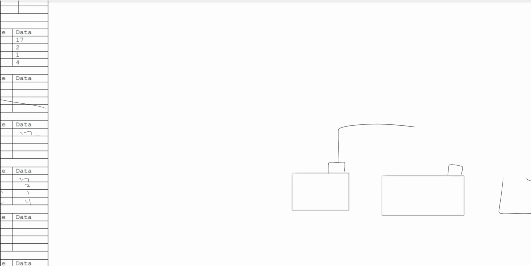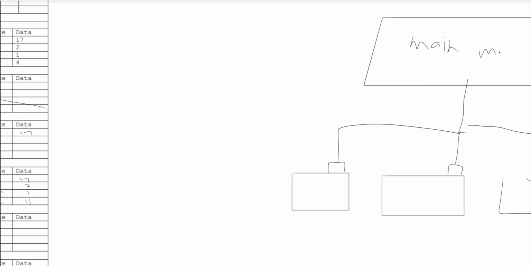All of these are connected via the bus, which is basically wires. Let's say this is main memory. So this is C1, C2, C3, C4, and this is processor 1, processor 2, processor 3, and processor 4.